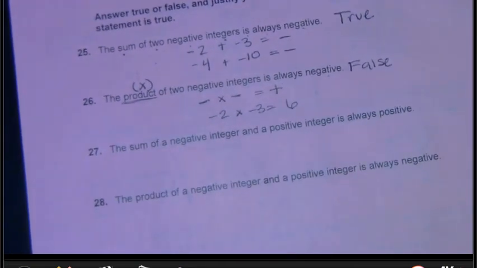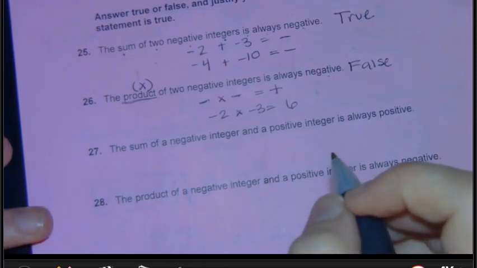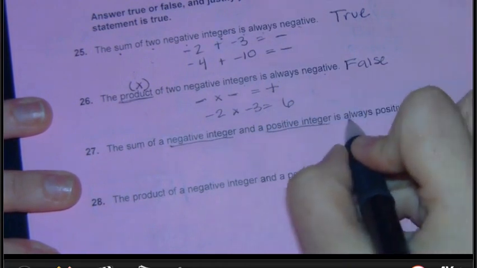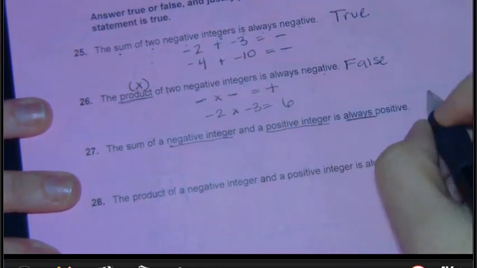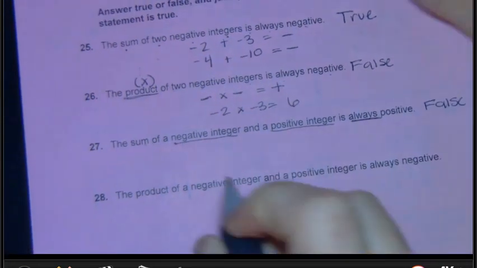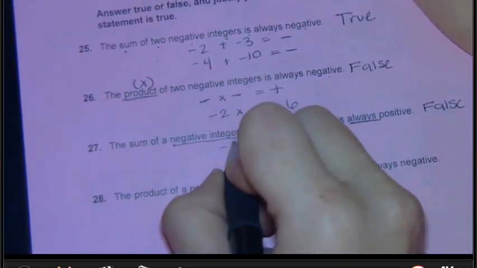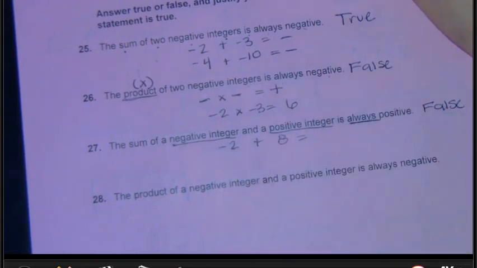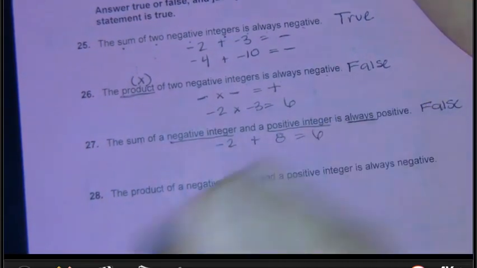Okay, the sum of a negative integer and a positive integer is always positive. False. And here's why. So if I have negative 2 plus 8, that answer is a positive 6. So that fits the category.